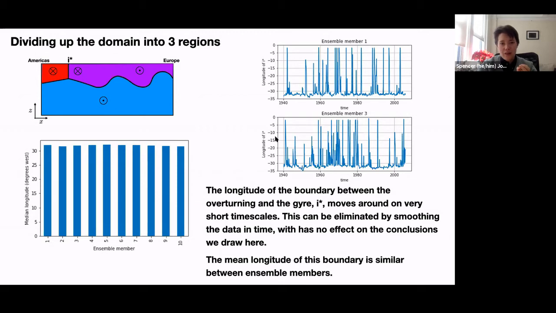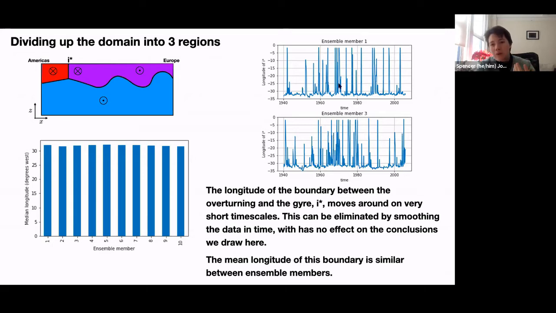This is the longitude of I star versus time. You can see most of the time, I star sits at around 32 degrees west, and then you have these spikes. These spikes come from times when this method doesn't define I star very well.